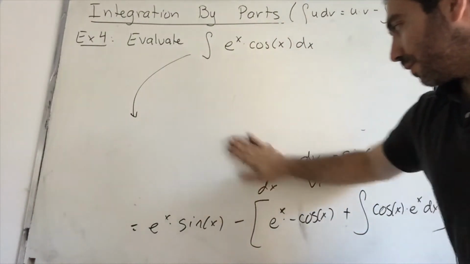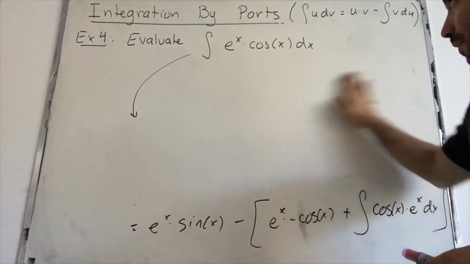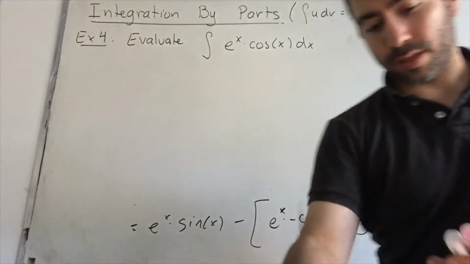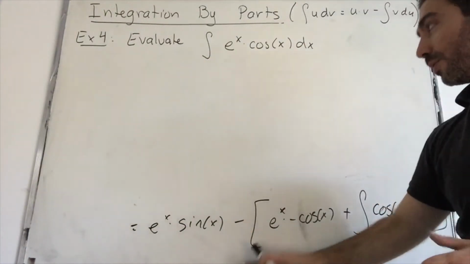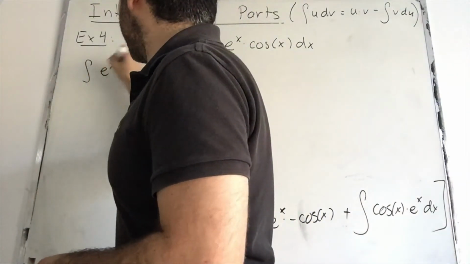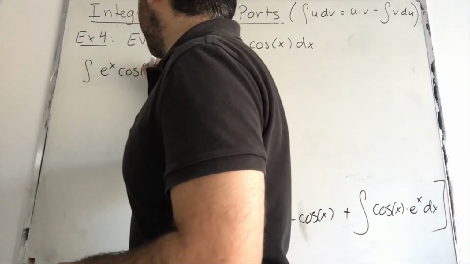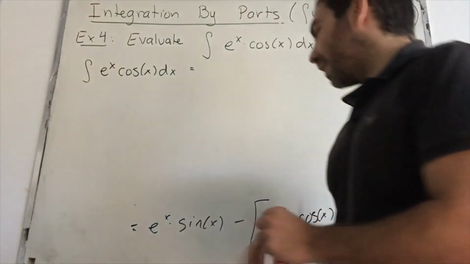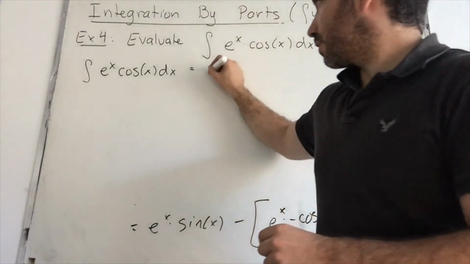Erase all this, and let's just rewrite this whole thing up there. So we started off with this thing and we said it's equal to this. Well, this thing here is just the integral of e to the x cos x dx. And what we have here is e to the x sine x.